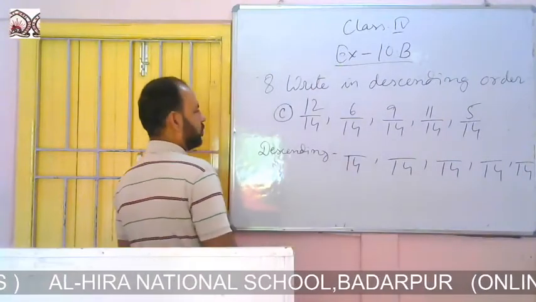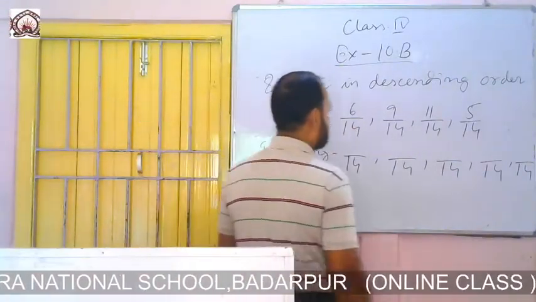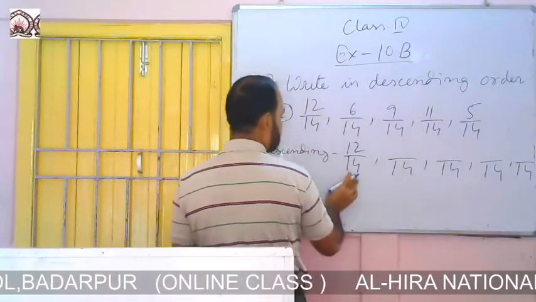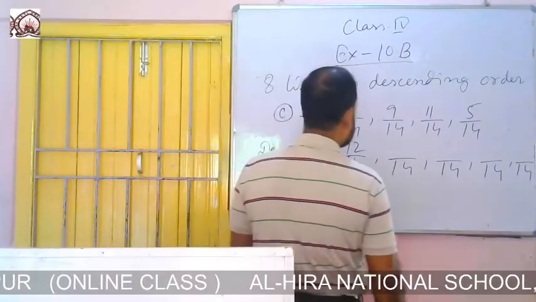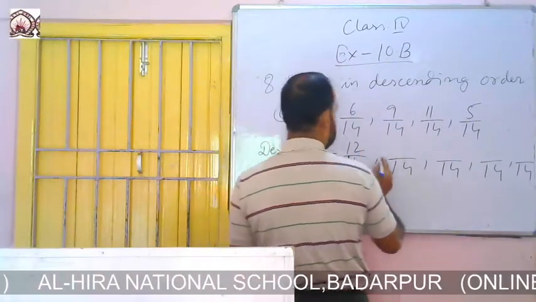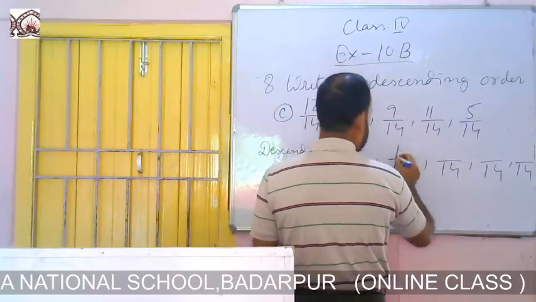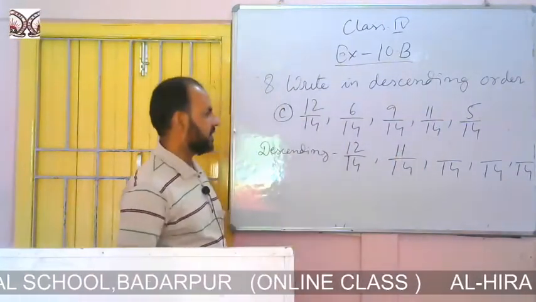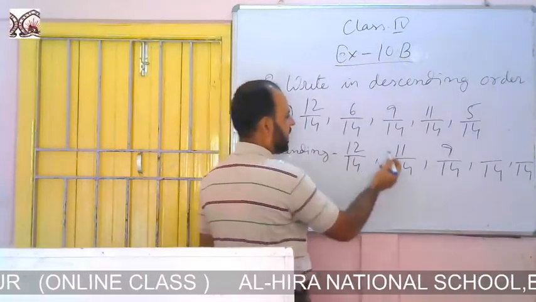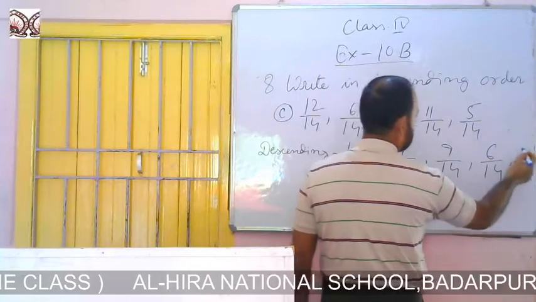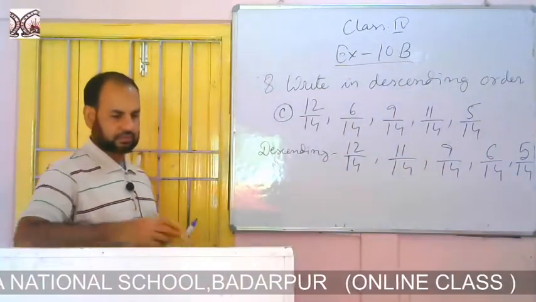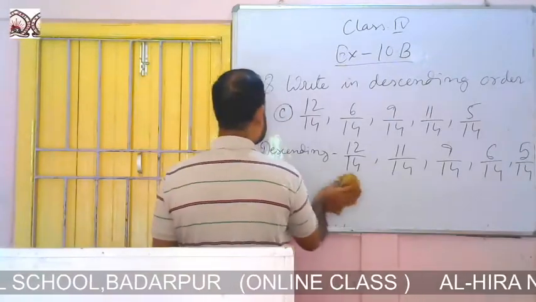Now we write all numerators in descending order. Here 12 by 14 is the greatest fraction among the fractions. Next 11 by 14, next 9 by 14, next 6 by 14, next 5 by 14. Question number 9.